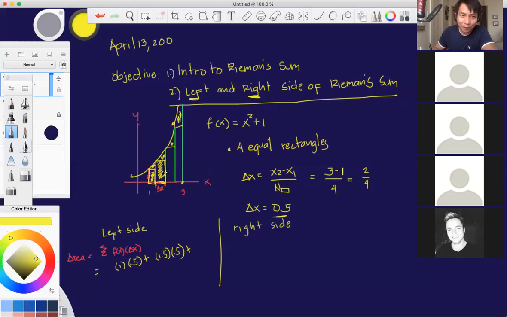If we consider this side of our third rectangle, what would that be? What's 1.5 plus 0.5? That would be 2. Very good. And then your delta x would still be?